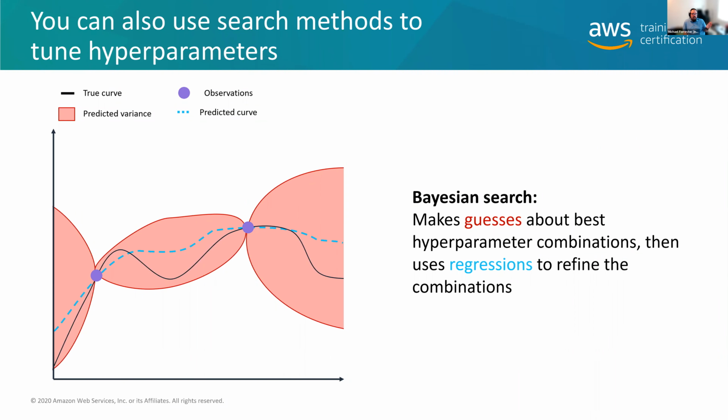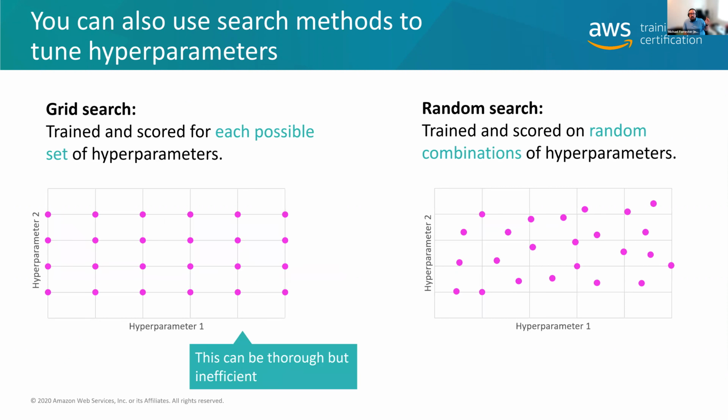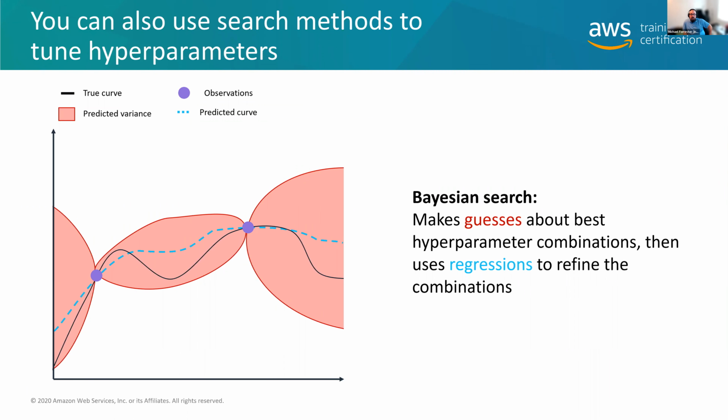I want to be frank and clear about this: SageMaker does not support grid search. It does random, it'll search Bayesian, but it will not support grid search, unless something has radically changed in the last week. That is on the exam.